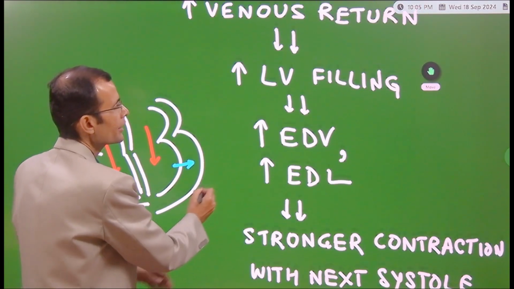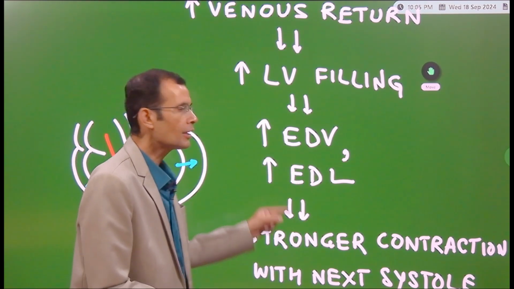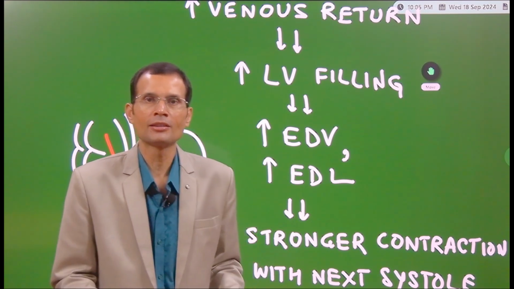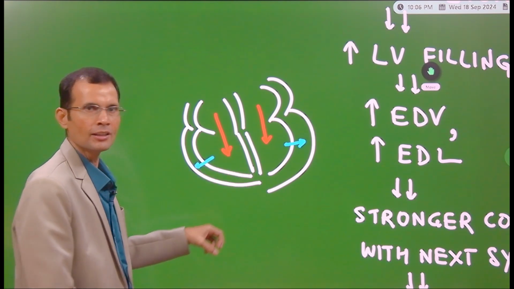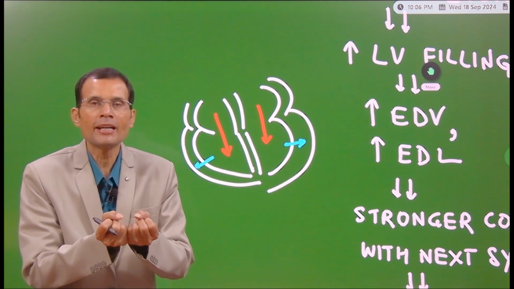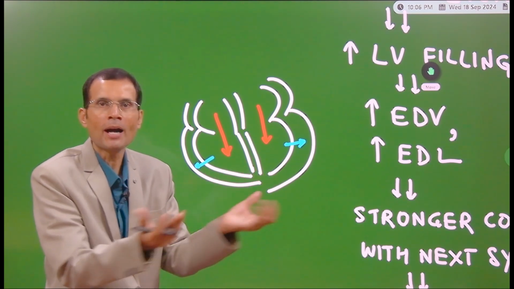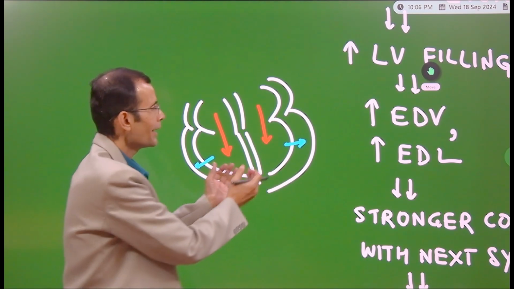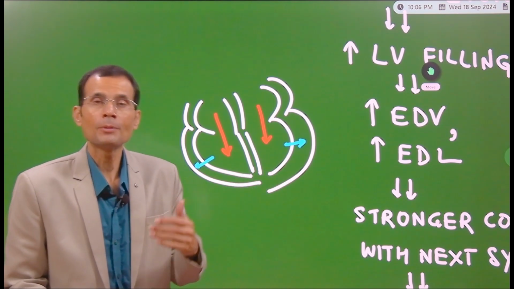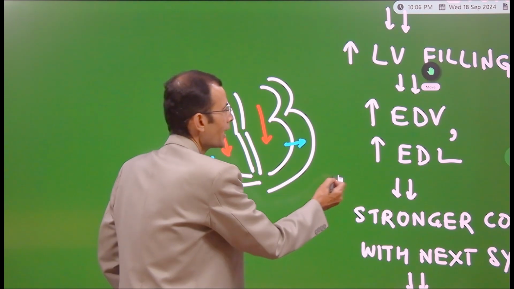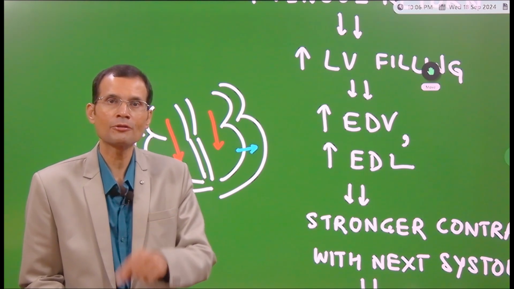That's greater the end diastolic volume, which also means greater will be the end diastolic length. Yes, you can imagine here, if more blood is filling in the ventricle, ventricle is expanding more and more during diastole, and if it is expanding more and more during diastole, its length is increasing, and its length by the end of the diastole will be called the end diastolic length of the ventricular muscle fiber.